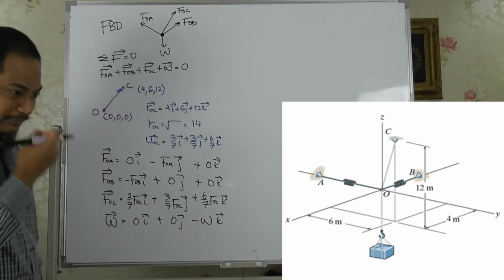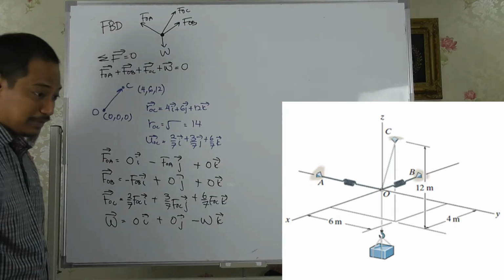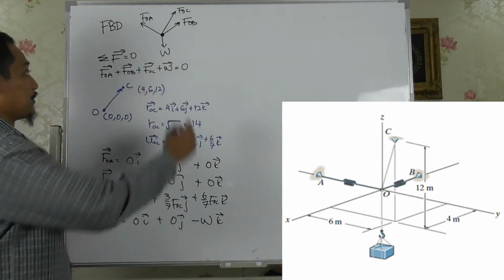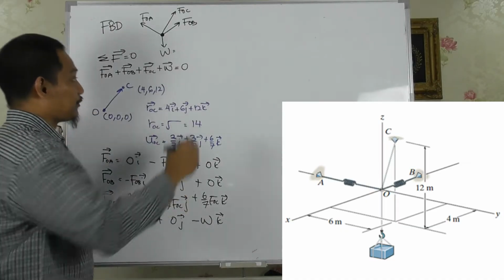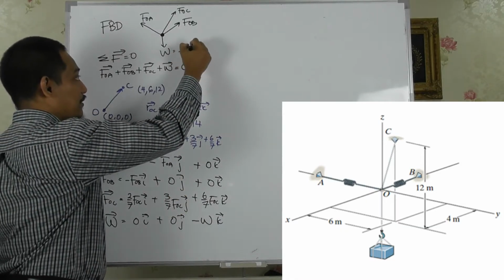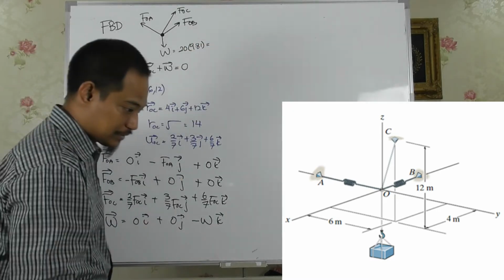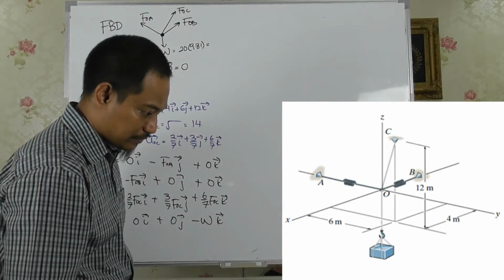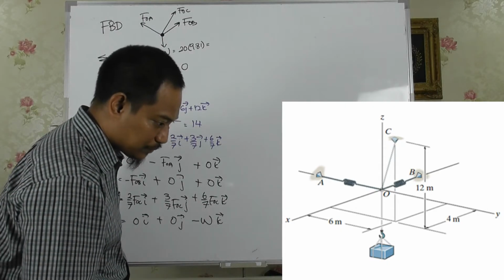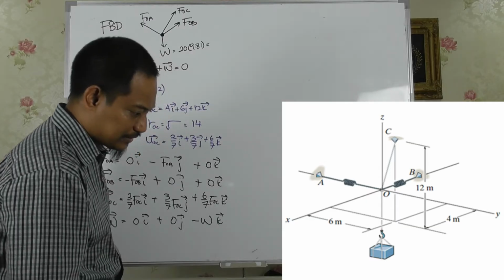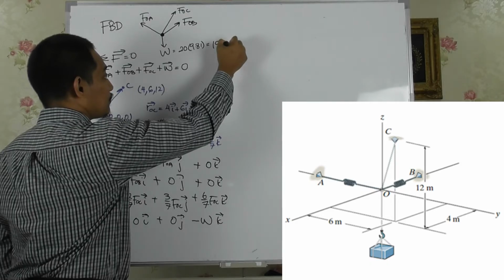The question, does it give anything? Okay, sorry, the question already gives the mass, right? So weight is just mass times gravity. The mass is 20 kilograms, so 20 times 9.81. This should give, what is it? What is the value? 196.2 Newton, right?